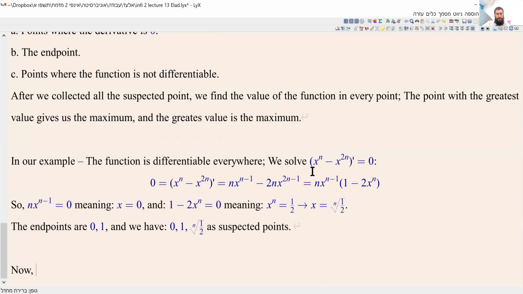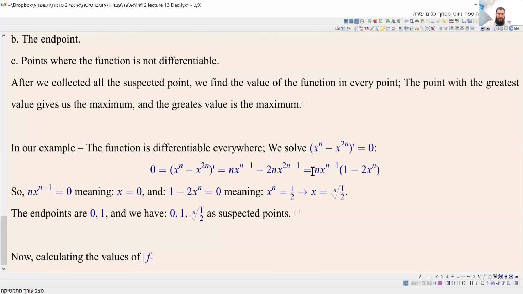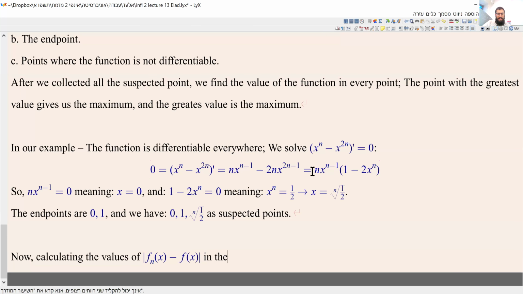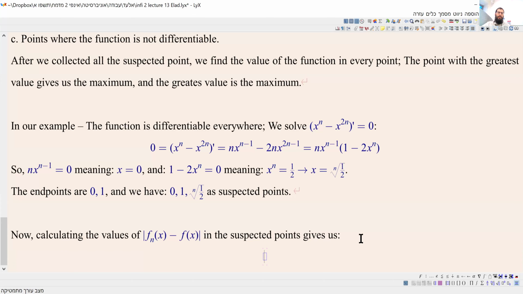Now, calculating the values of f_n(x) minus f(x) in the suspected points gives us, let's see, the function is x to the power of n minus x to the power of 2n.